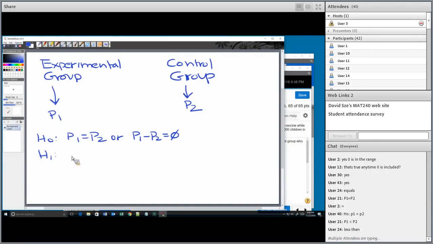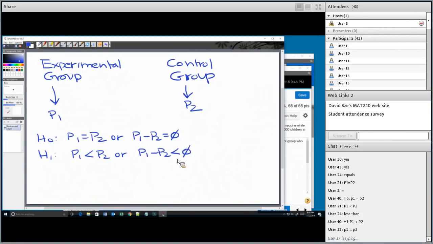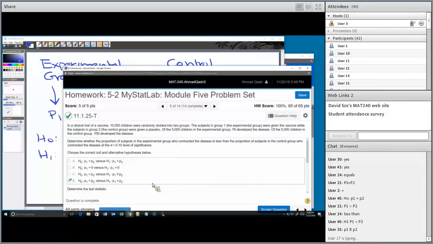P1 is less than P2, or P1 minus P2 is less than 0. Excellent. So these are the two hypotheses I'm testing. Null is that P1 equals P2. Alternative is that P1 is less than P2.